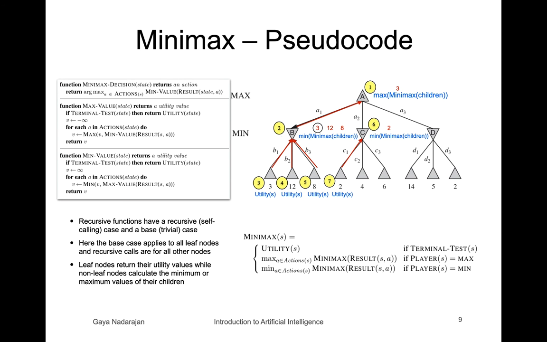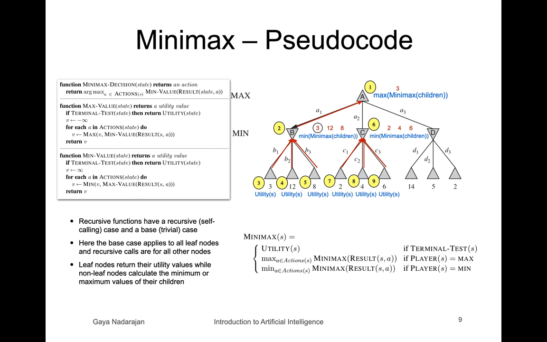But that function is not complete because there are still more children. So it goes down to the second child and it sees that it's a terminal node. For a terminal node, you just return the utility value, and now you've got the utility value 4. And finally, it will go to the last child of node C and see that it's a terminal node, and it will return the utility value for it, which is 6.